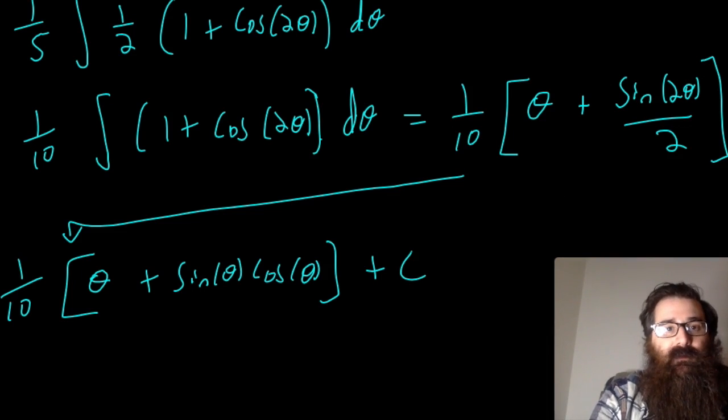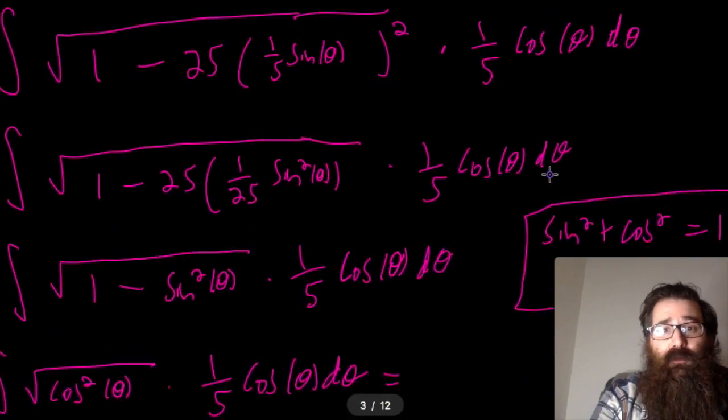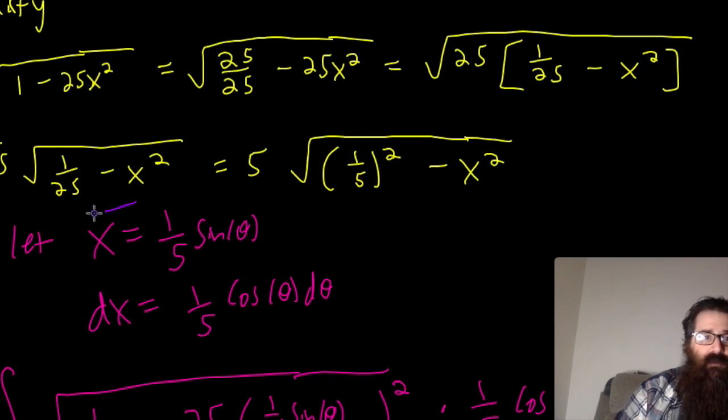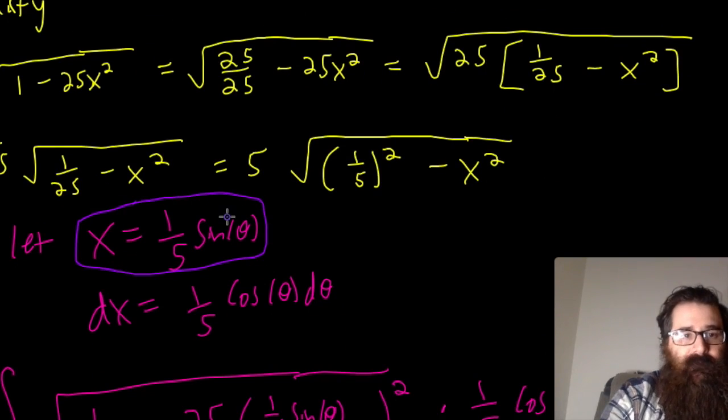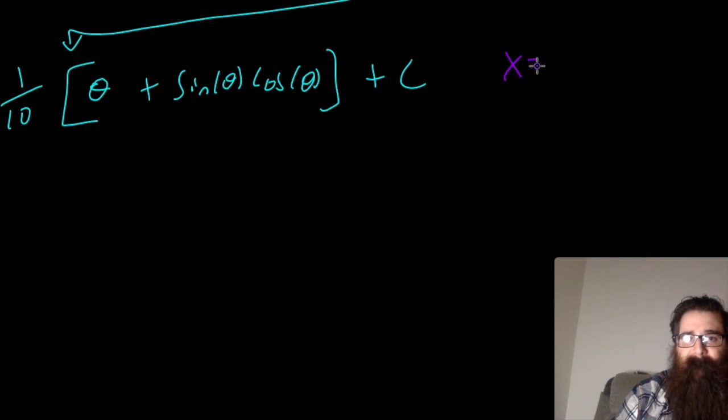Now we're ready to start talking about our right triangle trigonometry. Let's go back. We always go back to our substitution that we made. This was x equals 1/5 sine theta. And I want to get this in terms of just the trig function, so I should multiply by 5.